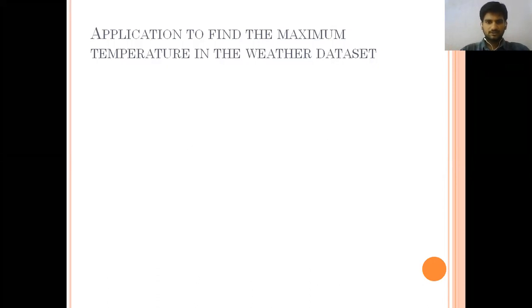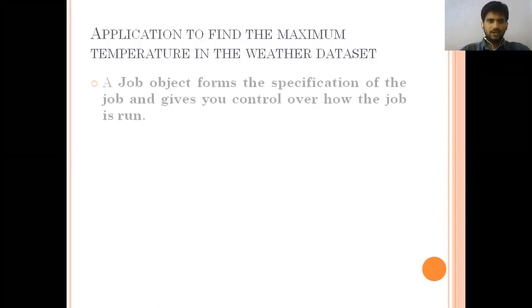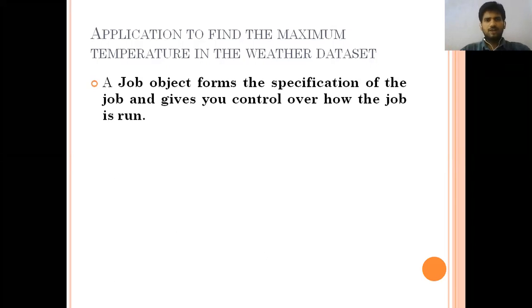So, okay. Then we have a job object, which forms a specification of the job and gives control over how the job is done. So this is transferring from input to an object.